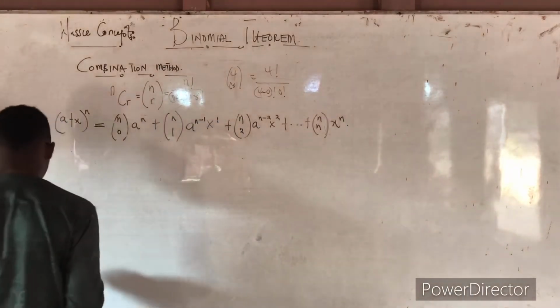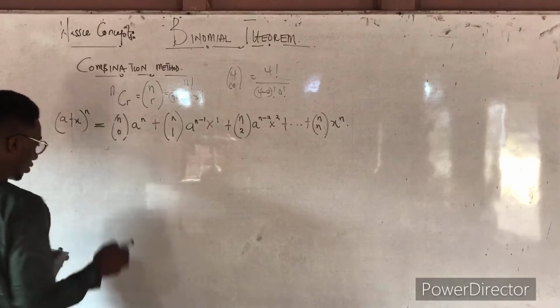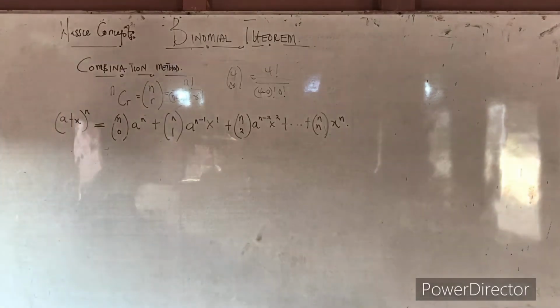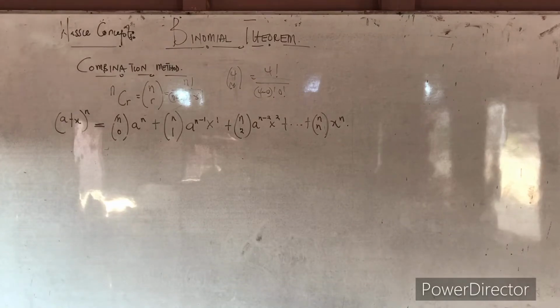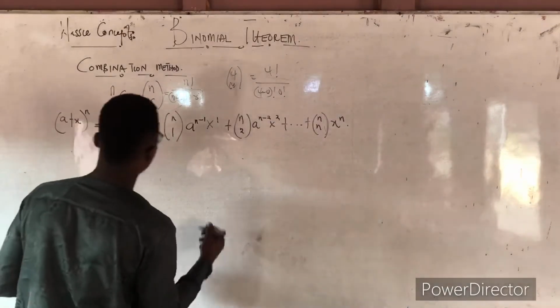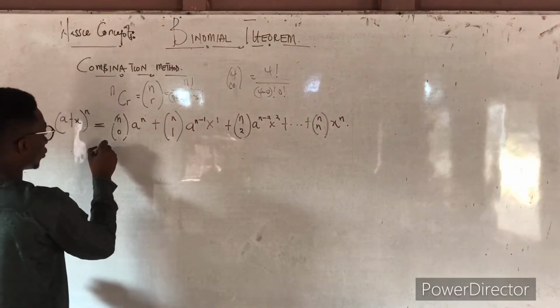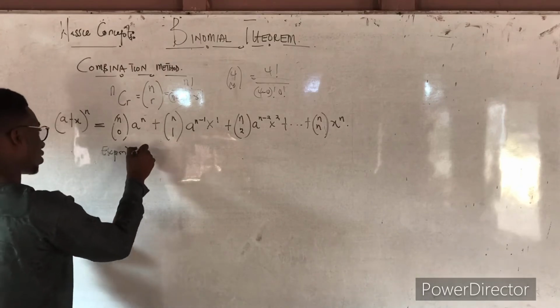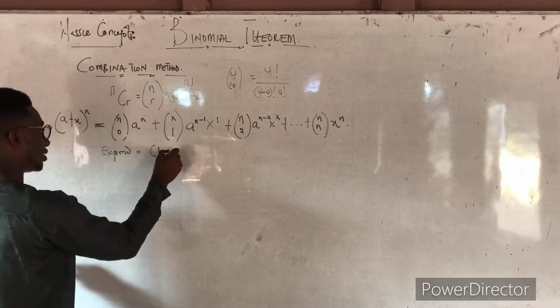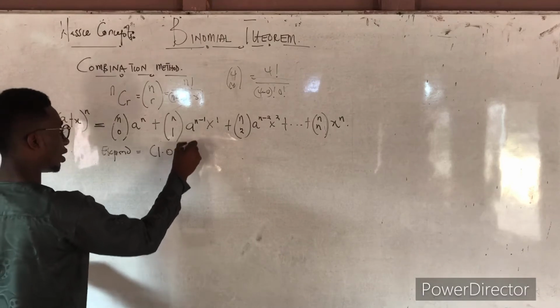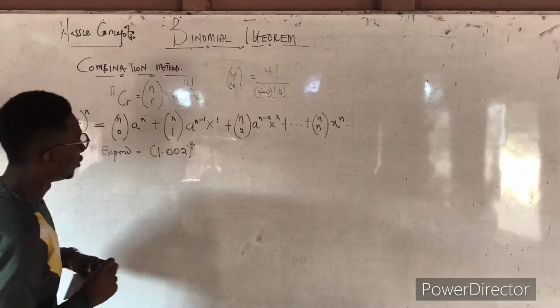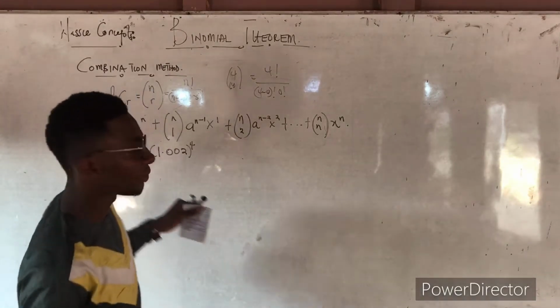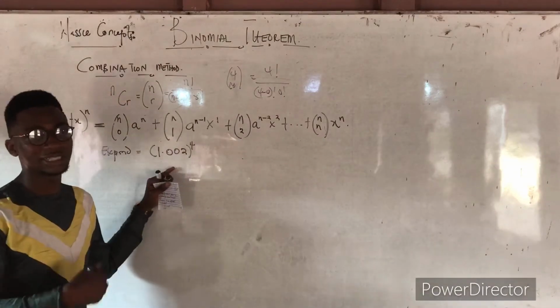And this example says we should expand 1.002 exponent 4. So the question is given to us that we should expand 1.002 exponent 4.